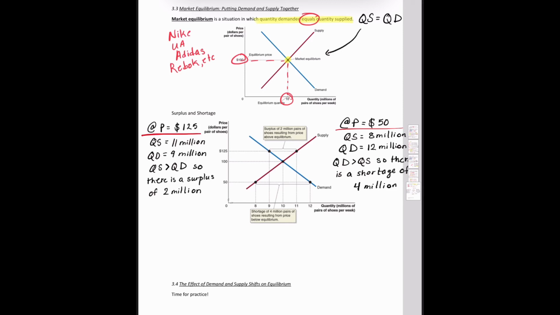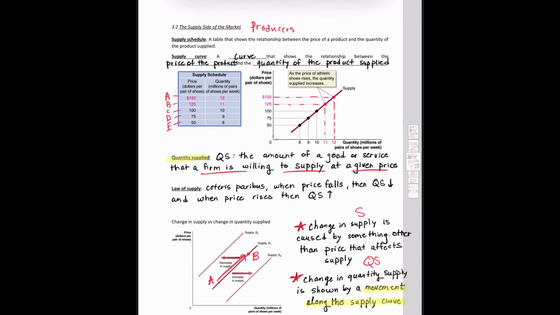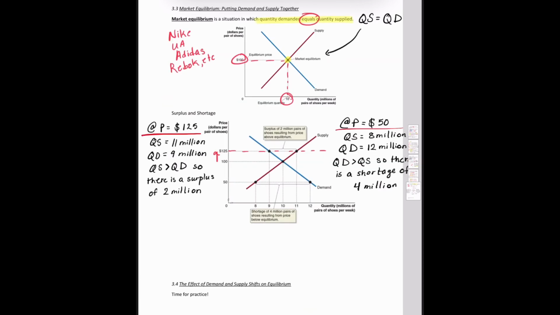However, what happens when we see the price increase from 100 to 125? Then we are pricing our product above market equilibrium, and so we are going to have a quantity supplied and quantity demanded that are different. So in this case, for quantity supplied we have to go over to the red supply curve and drop straight down.